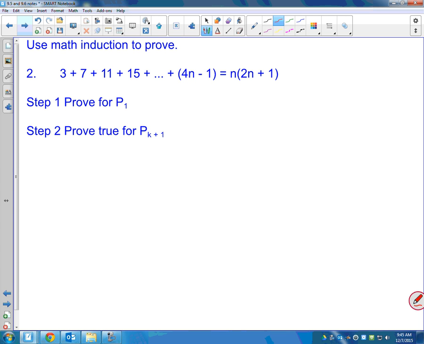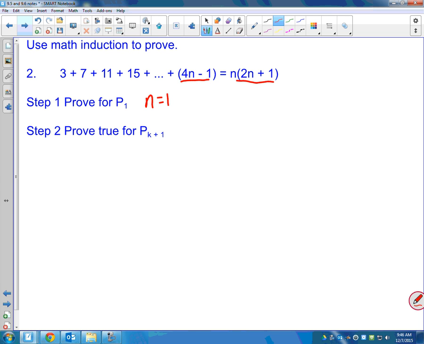So step 1, we're going to prove it's true for P sub 1, which means all we have to do is plug in n equals 1 into these formulas and show that I get a true statement. Again, it's like the given in your two-column proof.